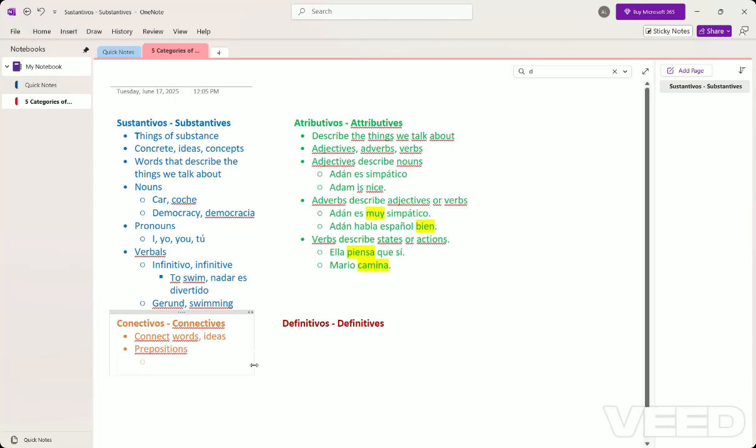These are little words like of, from, at, in, on, towards. There's a lot of them. So in español, de, en, a, con would be with, sin, without. They not only connect words or ideas, they create relationships between them.